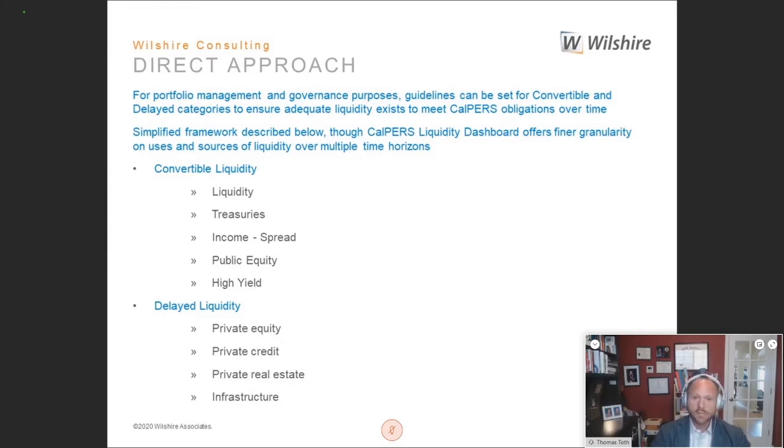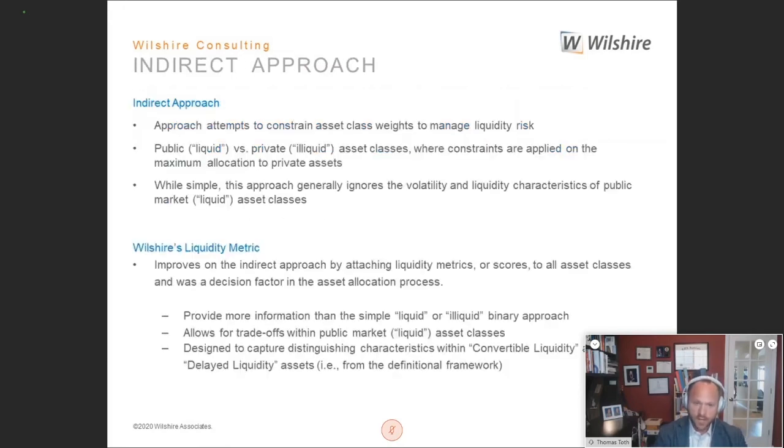So I'll turn to the next approach on page 35, which we label as the indirect approach. And this is the one that's most pertinent for asset allocation discussions. It's an attempt to quantify the level of liquidity for various asset classes across the spectrum, so that when the board and the investment committees are discussing alternative asset allocation targets, you can understand if there are trade-offs in terms of liquidity.